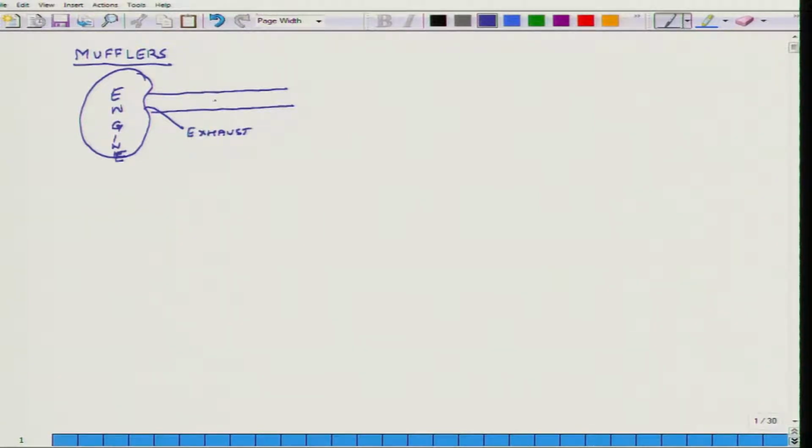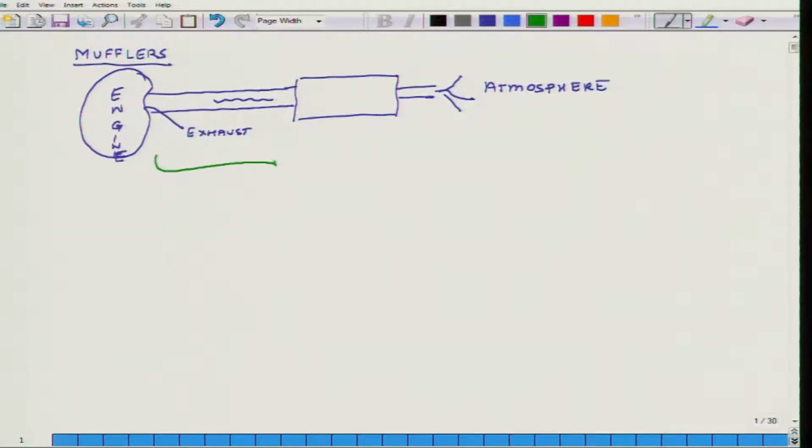All the exhaust gases come out of a pipe, and then you would have seen that there is another fatter or wider pipe connected to it, and then there is a small pipe. So, the gases flow out into the atmosphere. This entire contraption is called a muffler.